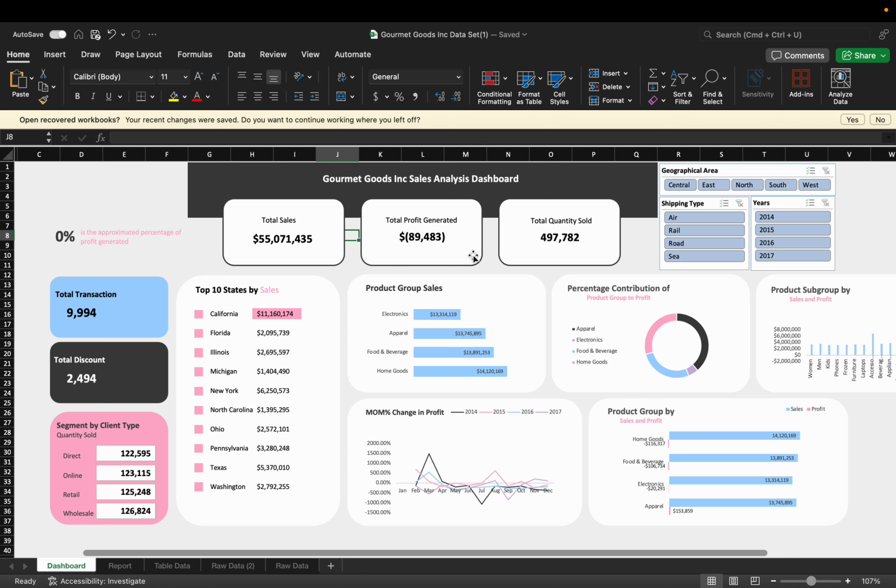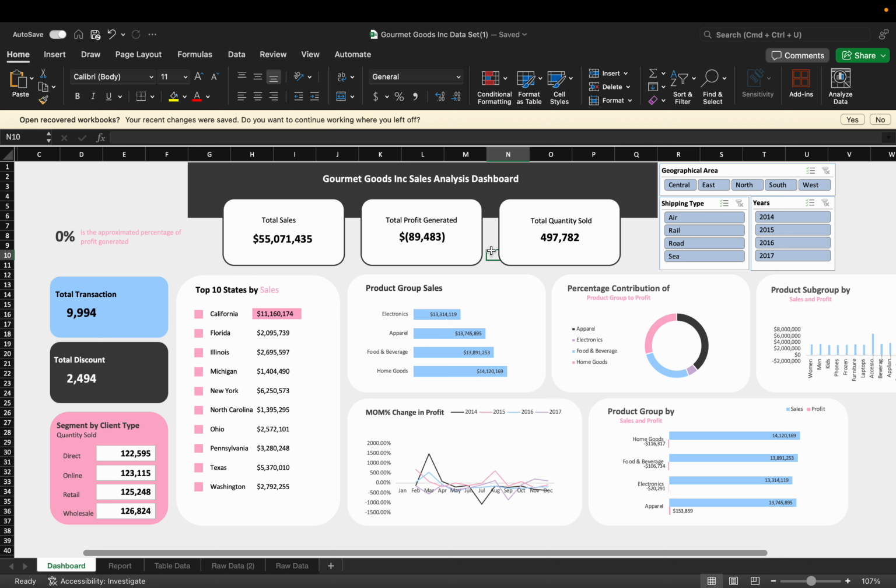Then we have the total profit generated. Right now, it is in brackets, which represents a negative value, $89,483 in loss. Like I said earlier, we are bound to have negative values for profits.